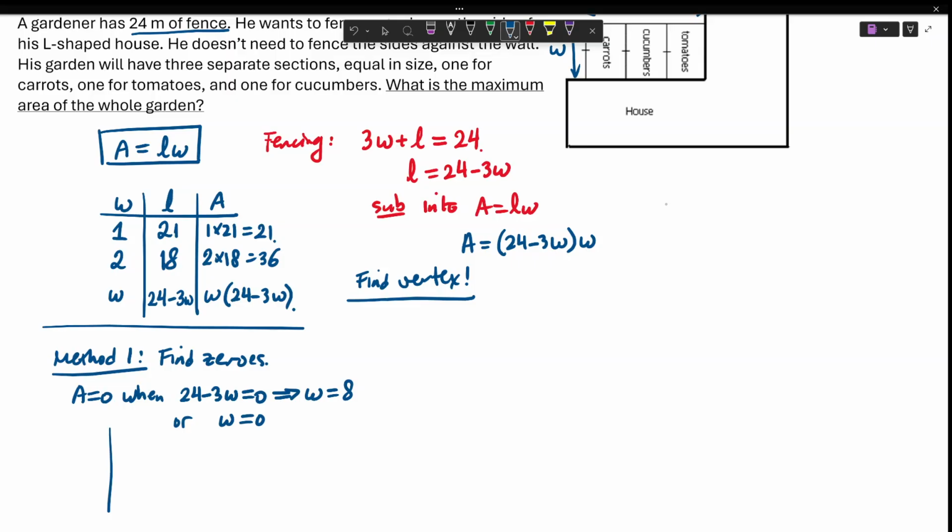Anyway, if you were to plot w against A, you have intercepts at 0 and 8. You also know that this one's going to be concave down, because if you expand it, that's negative 3w squared plus 24w. So the vertex should be at 4, when the width is 4.